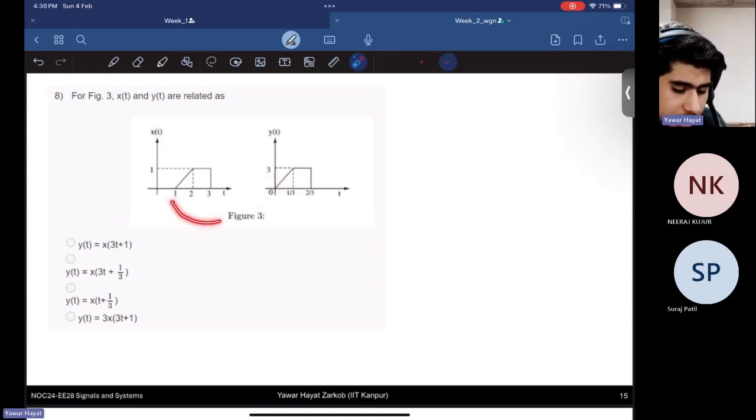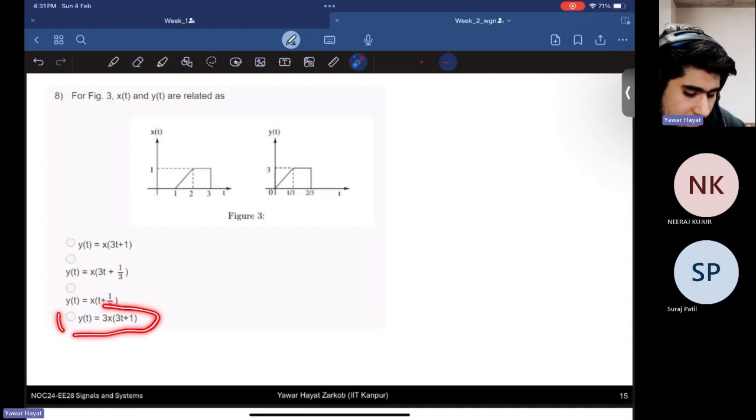The only way you can achieve this is through time shifting. Okay, so Neeraj says it is 3 times x of 3t plus 1. Does anyone else want to attempt? Or do you agree with the answer that Neeraj gave? As per Neeraj, this is the correct answer, right?